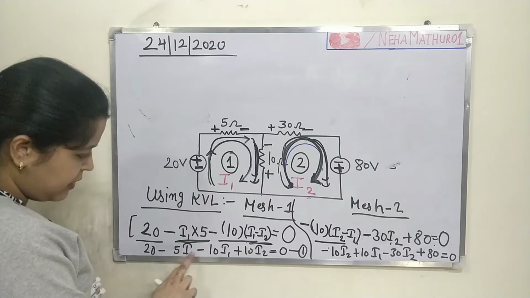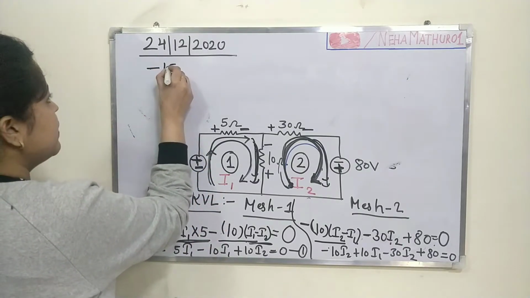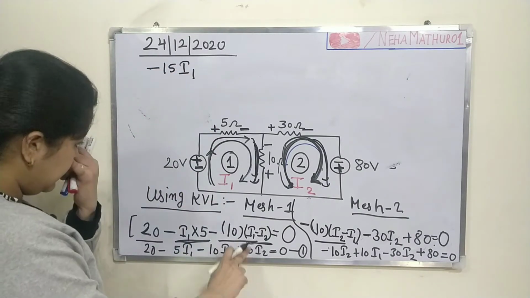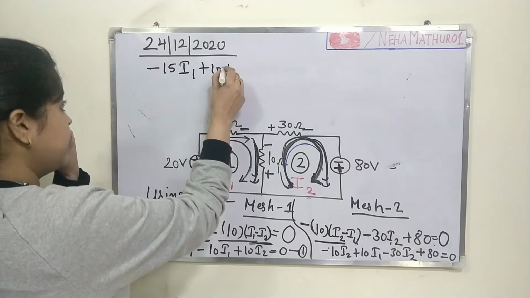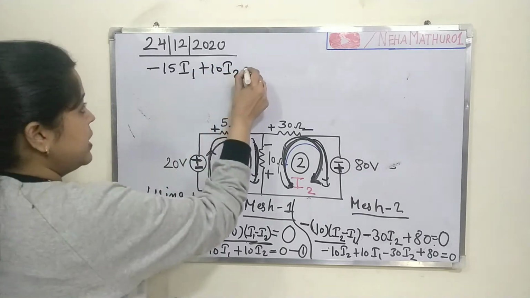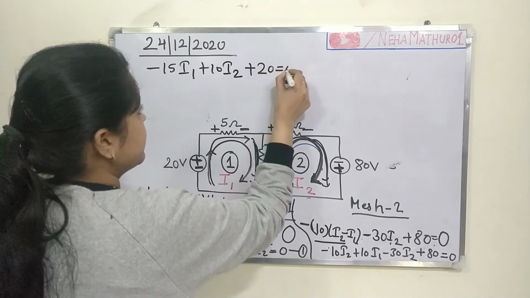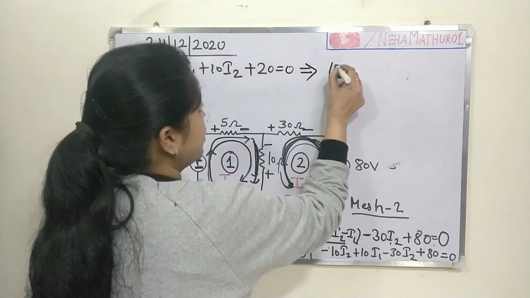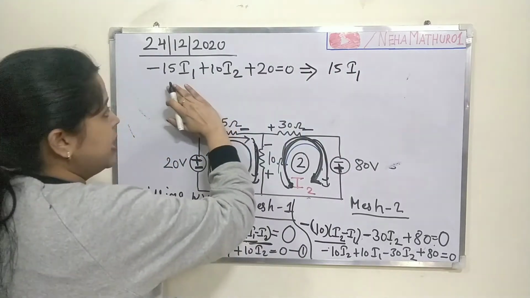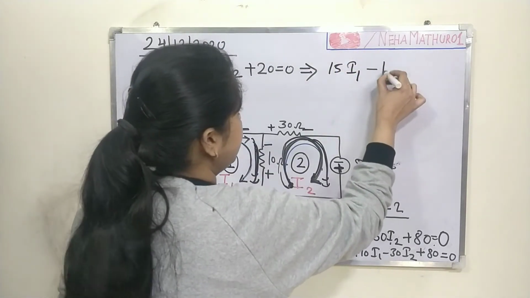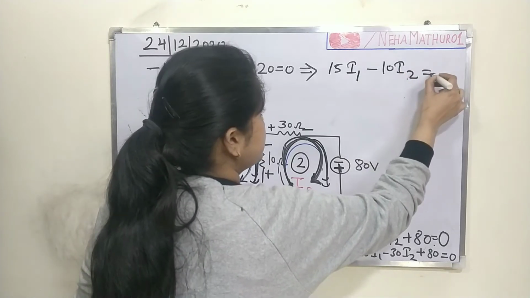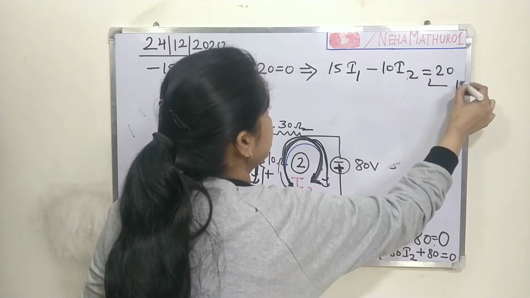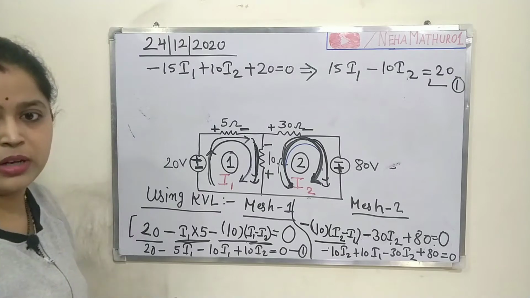Here you have 5 I1 and 10 I1, so you have minus 15 I1 and 10 I2 plus 20 equals 0. You can also write it like this, 15 I1, I am taking it to the right side, minus 10 I2 equals 20. This is your final equation number 1 for mesh 1.